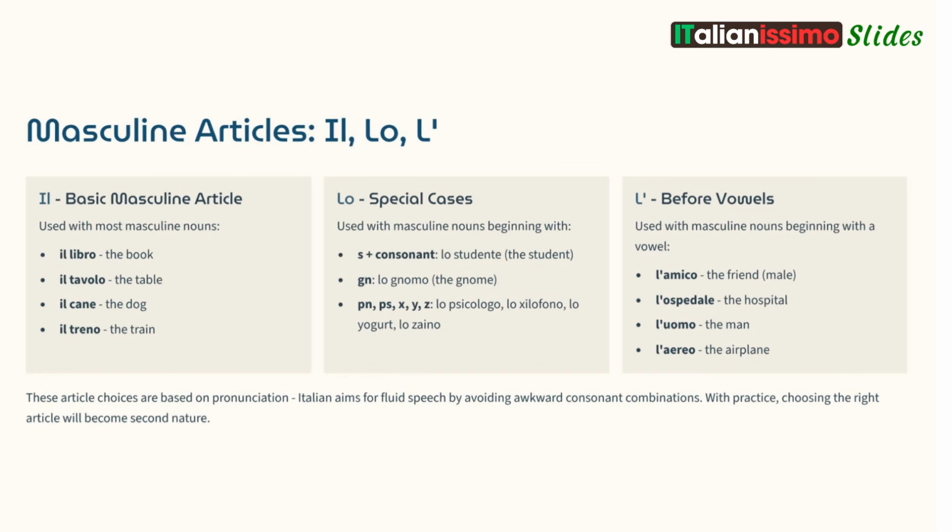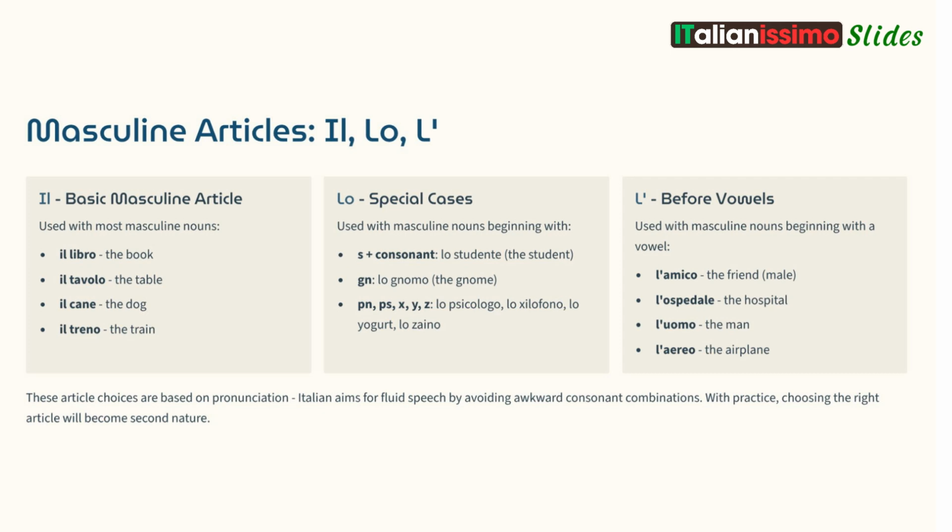Masculine articles: il, lo, and l apostrophe. Il, the basic masculine article used with most masculine nouns, like il libro, il tavolo, il cane, il treno.